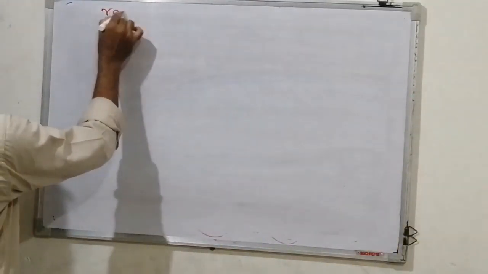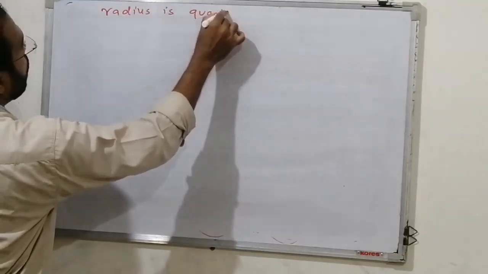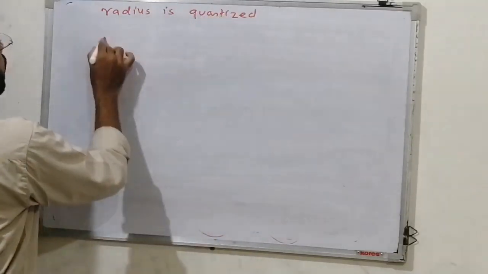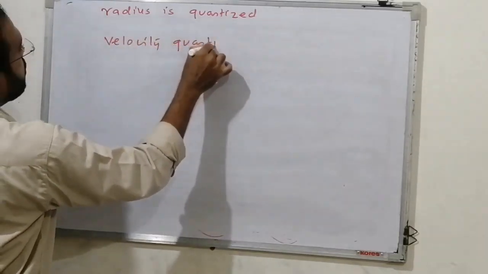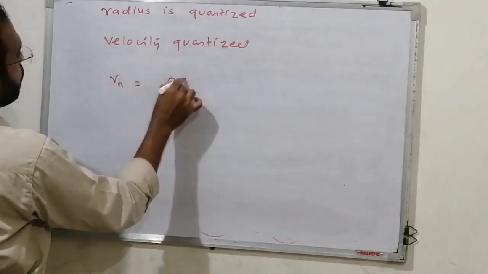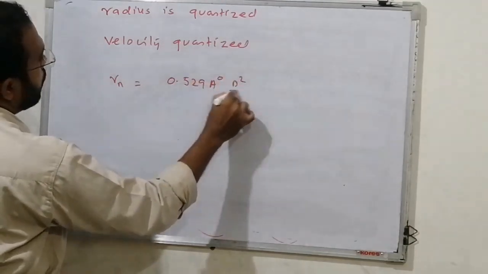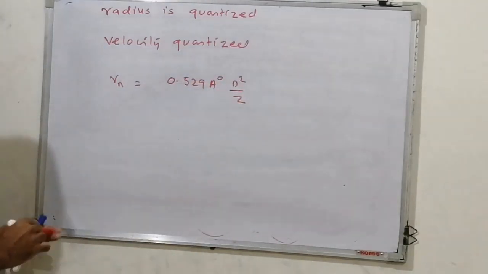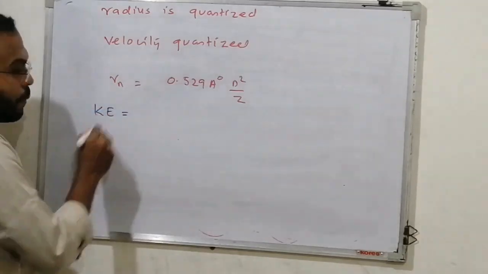Now, I said the radius is quantized and velocity is quantized. What is the equation for calculating radius? You know that it is 0.529 angstrom n square by z. Now, what is the kinetic energy of the electron?